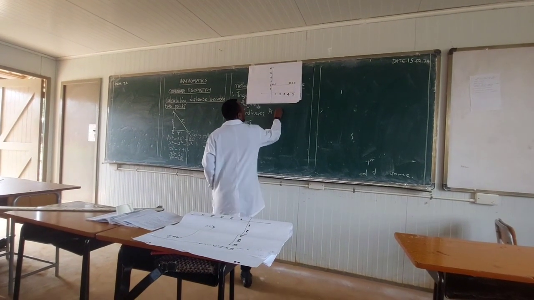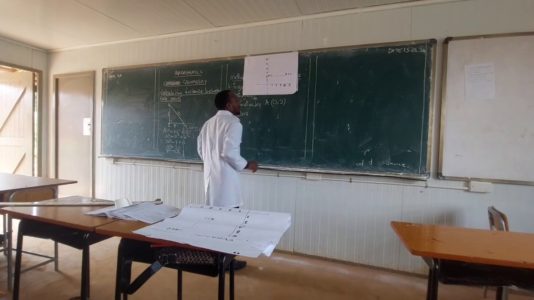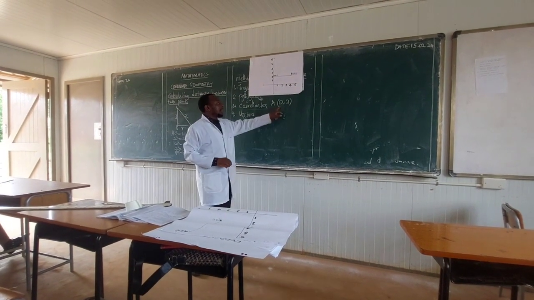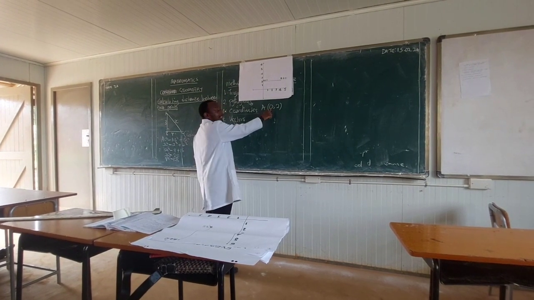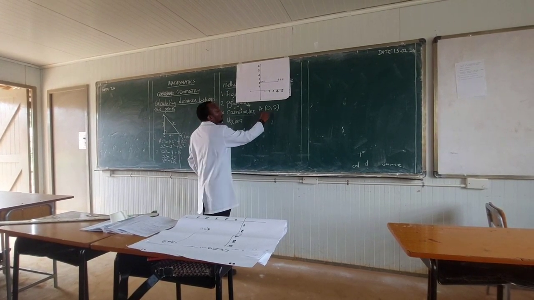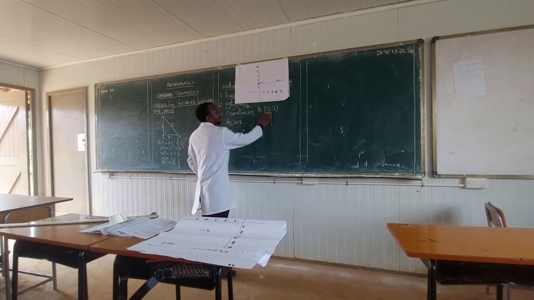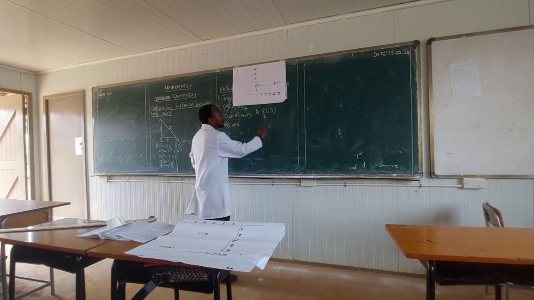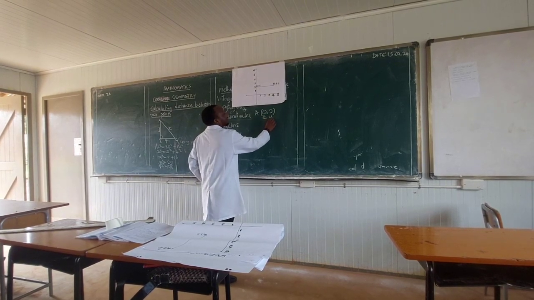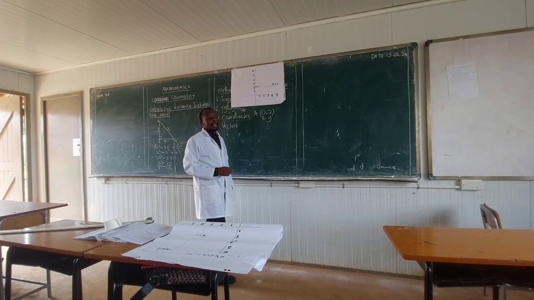The coordinates are 0,2. Are we together? The coordinates, the way they stand, it means that this 0 is a coordinate from the x-axis, and this 2 is a coordinate from the y-axis.